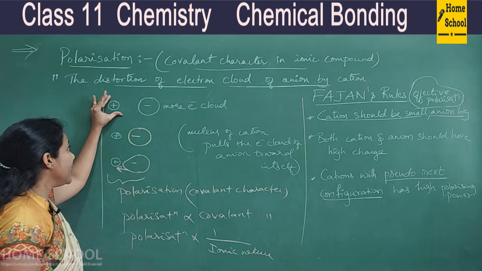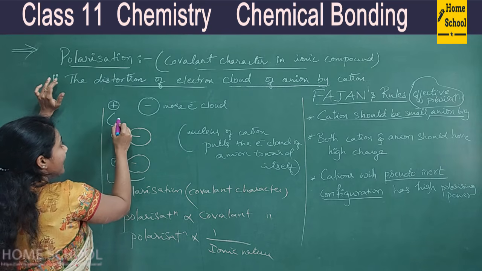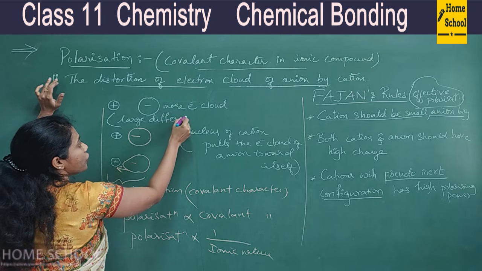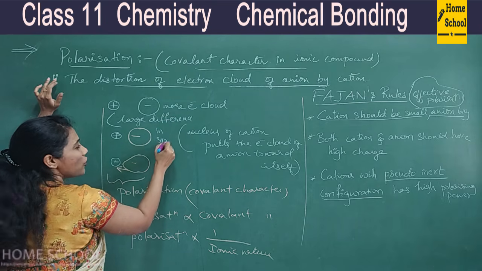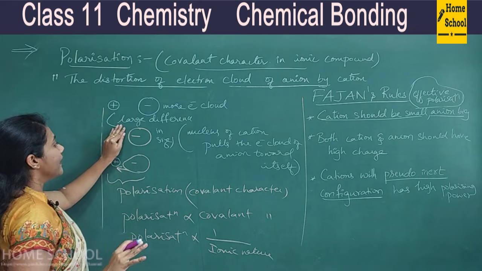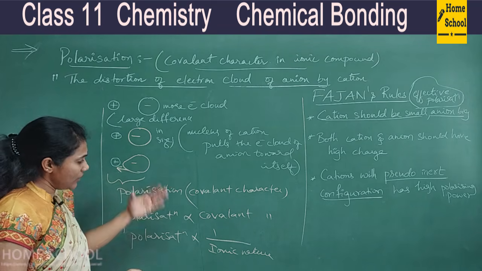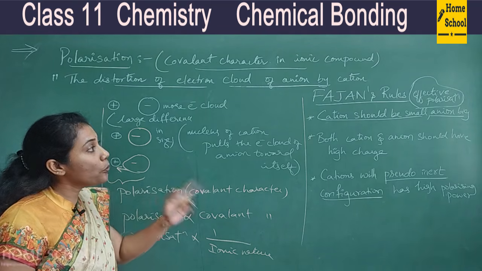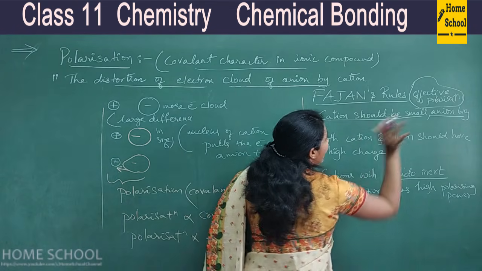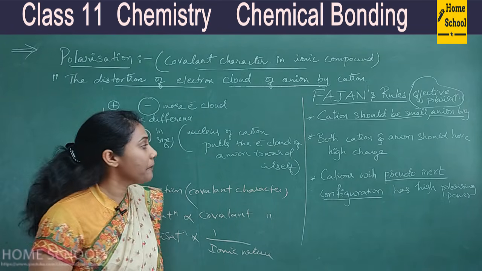In other words, there should be a large difference in size, not comparable sizes. Anion too big, cation too small, then you will observe more distortion, that is more polarization, more covalent character. So to observe more covalent character in an ionic bond, the cation should be very small and the anion very big. Very important condition, guys.